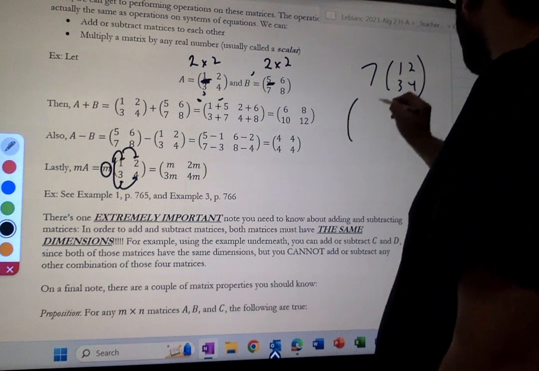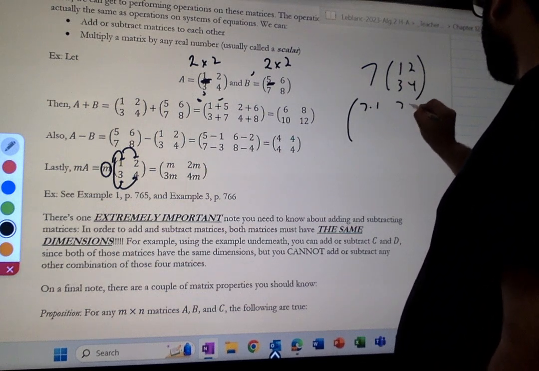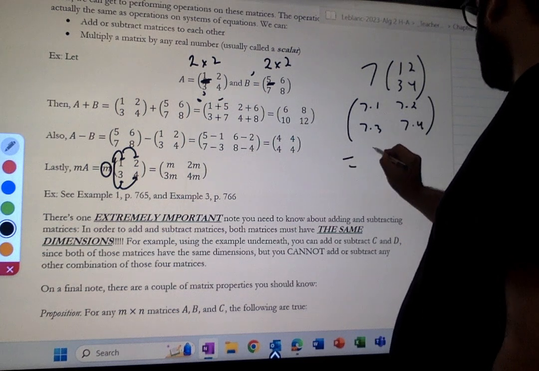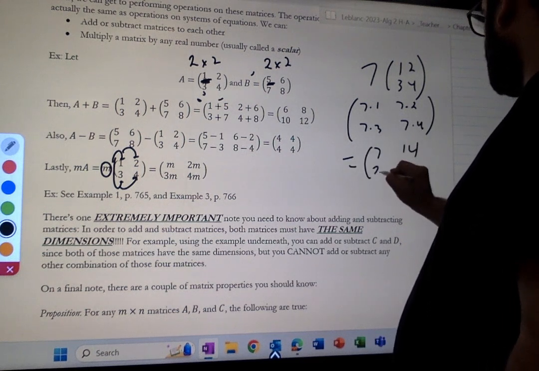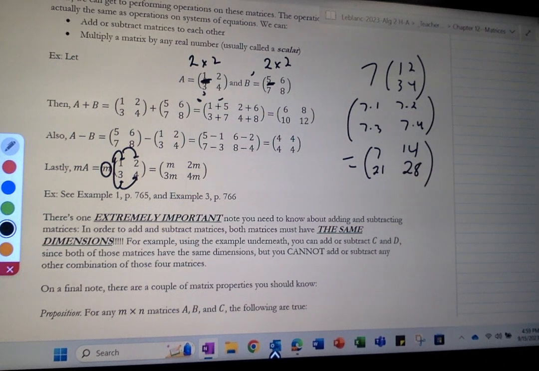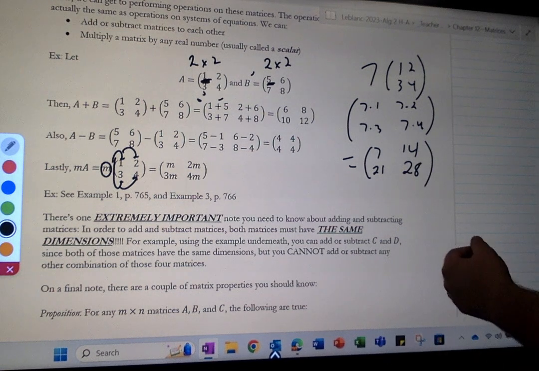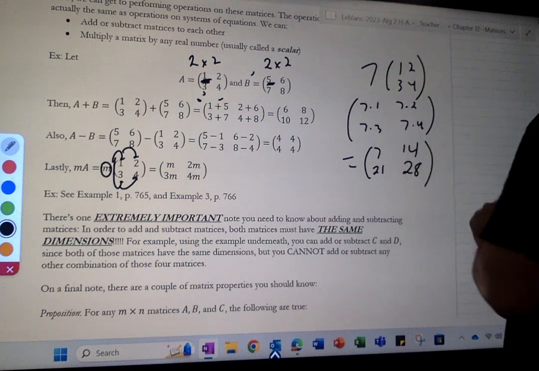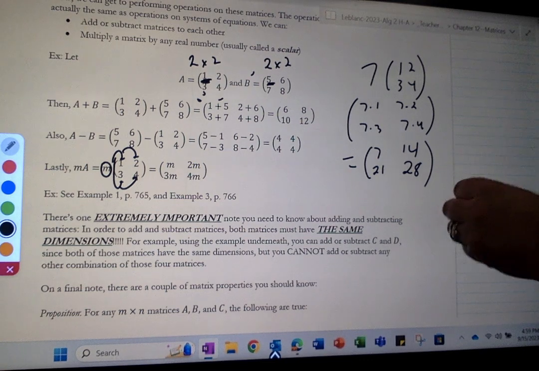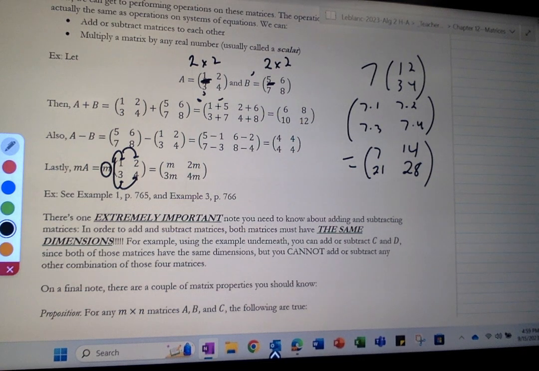Then that's 7 times 1, 7 times 2, 7 times 3, 7 times 4, which is 7, 14, 21, and 28. So with scalar multiplication, you have to take that scalar and distribute it to every element in that matrix. Okay? So again, in order to add and subtract, both matrices must have the same dimensions.